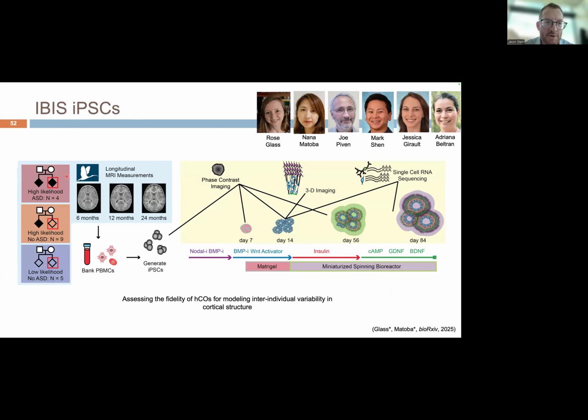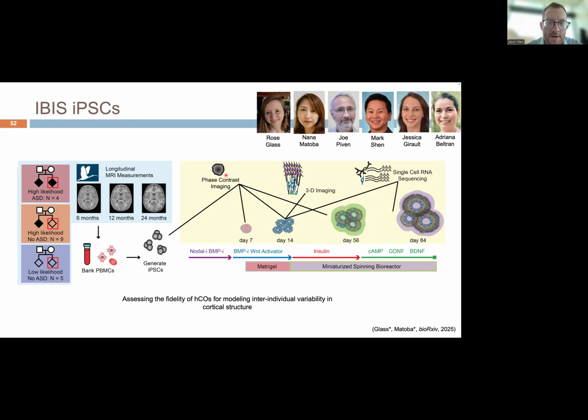So for this particular study, we took 18 participants in the IBIS study, each of which had undergone longitudinal MRI imaging from infancy. We drew blood to gather peripheral blood mononuclear cells, reprogrammed erythroblasts into induced pluripotent stem cells, and differentiated them into cortical organoids.